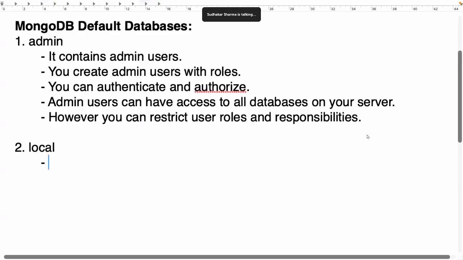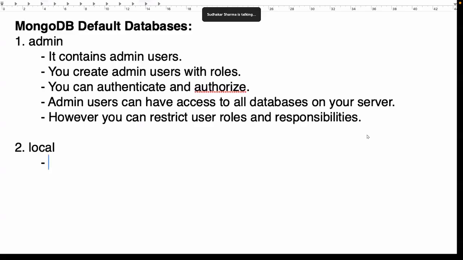Now the question is where that duplicate can be. The duplicate can be across servers also. That means our server is currently running at 270.17, and if another server is there, in that server also this data should be duplicated because we are working in a cloud environment.